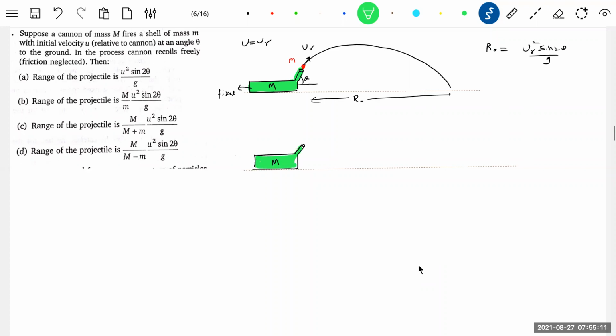Okay, let the velocity of the recoil, velocity of the cannon, be v2. Here the shell will have velocity UR, and it's going to describe a trajectory. We don't know if it will be less or more. That is what we have to check.